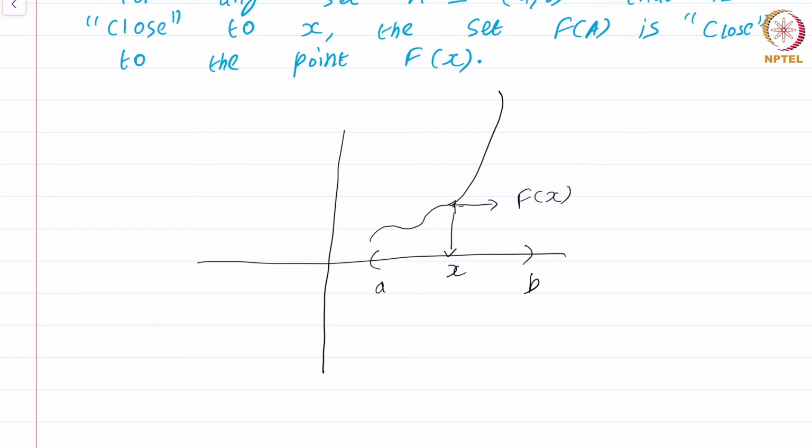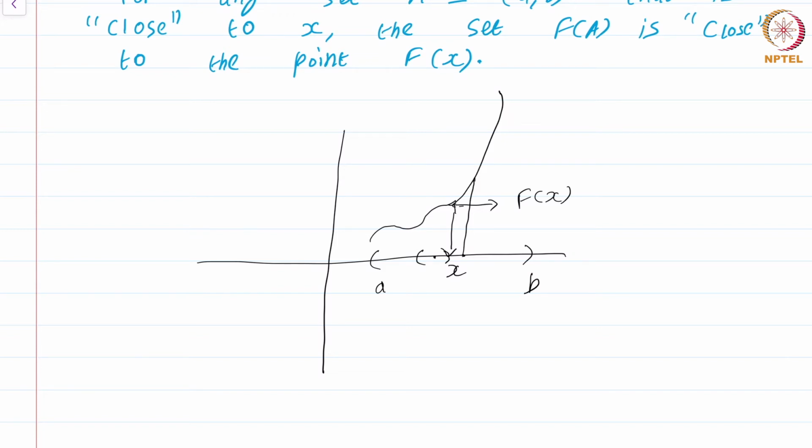Now if I were to take a set which is sort of an open interval to the left of x, then if I choose a point here that is very close to x, the value of that point is also very close to f(x). But if I choose a symmetric point on the other side, it's sort of going further away, because this function is just zooming.